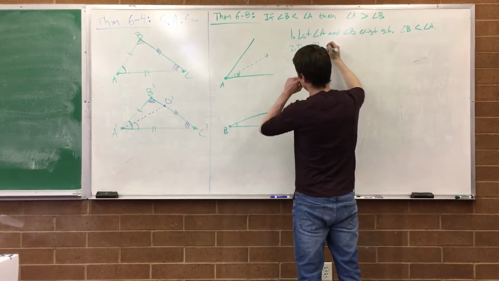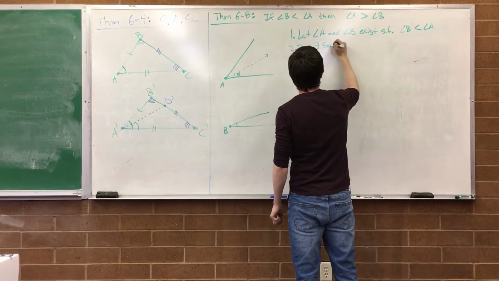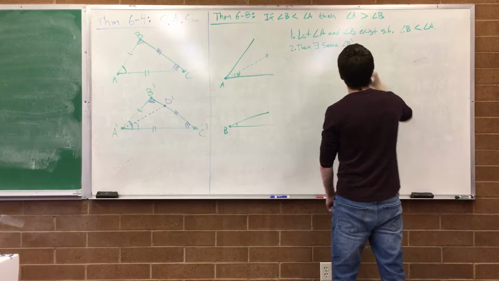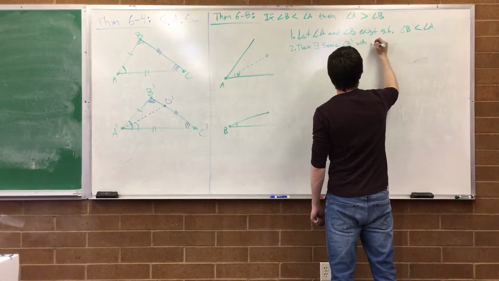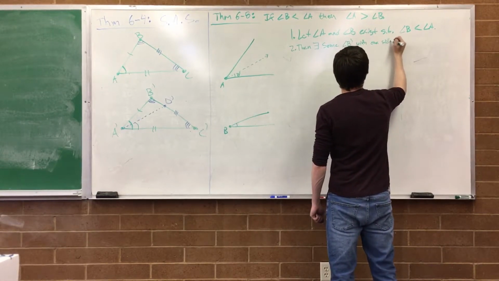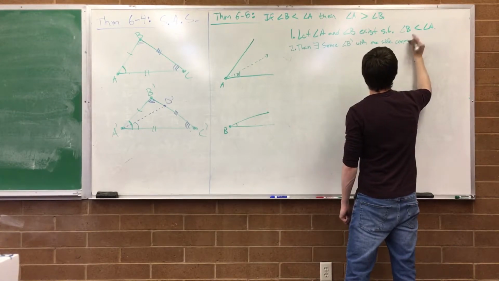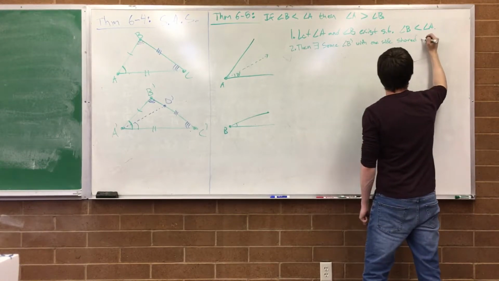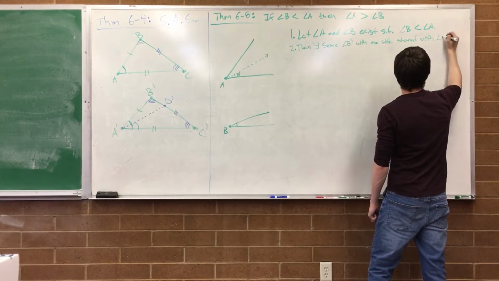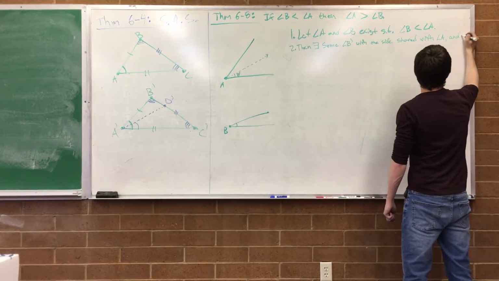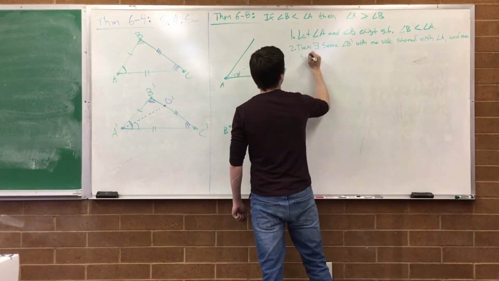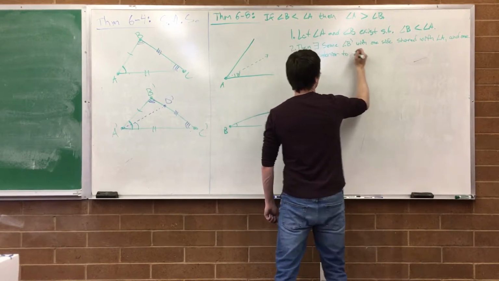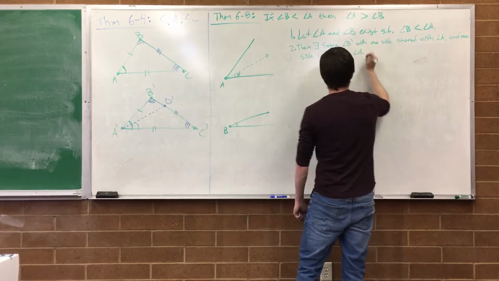Then there exists some angle B prime with one side shared with angle A, and one side interior to angle A. Okay?